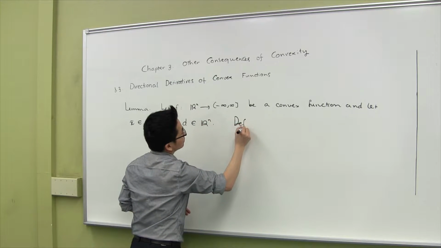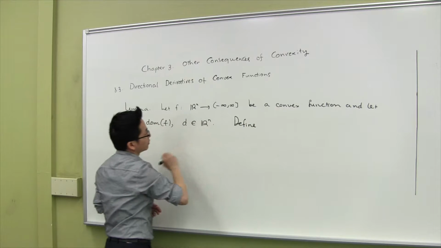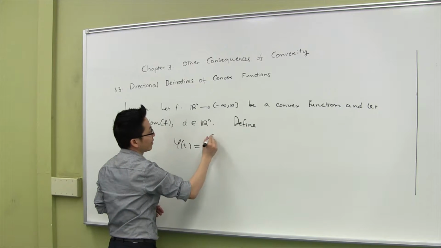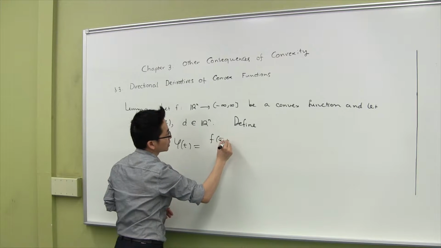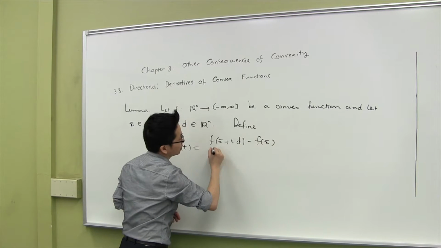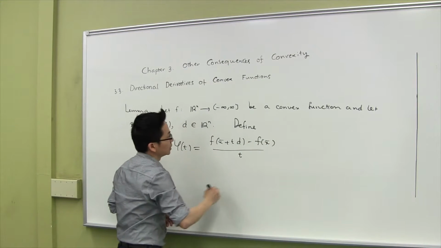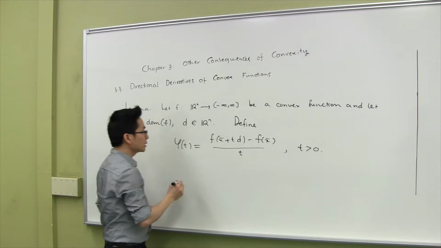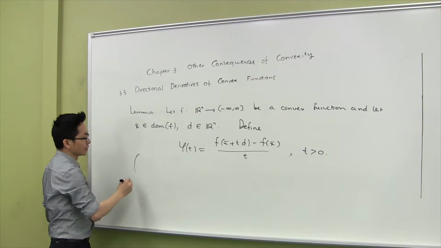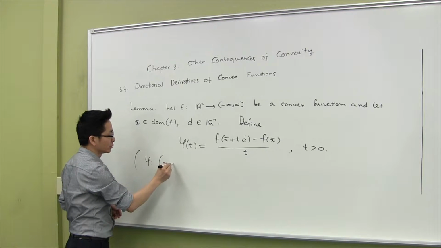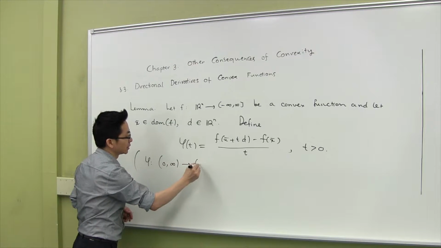Define the function phi of t equal to f of x bar plus t times d minus f of x bar over t. Here t is positive. In this way, we have defined a function phi that goes from the open interval 0 to infinity to the extended real line.